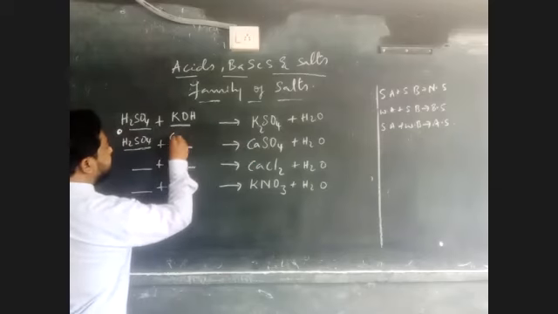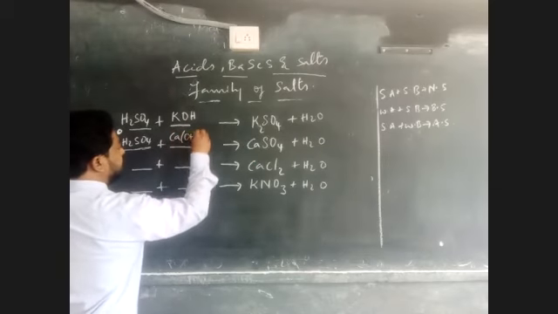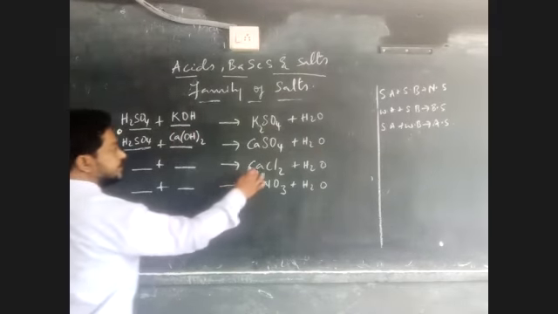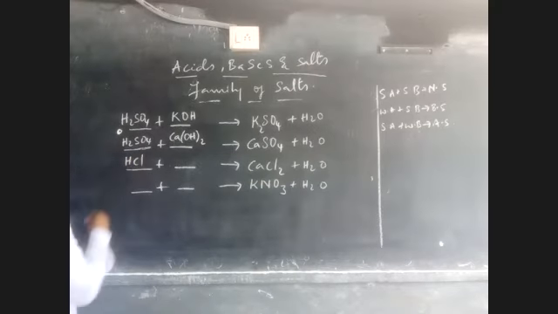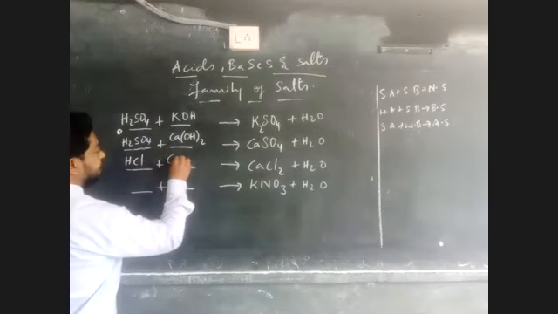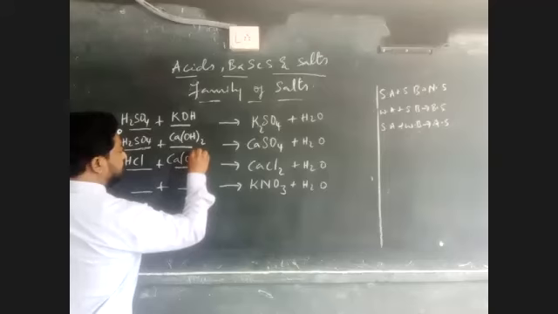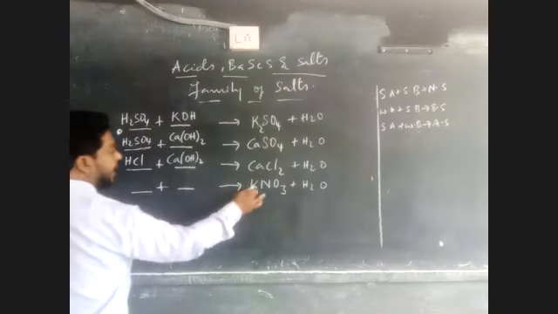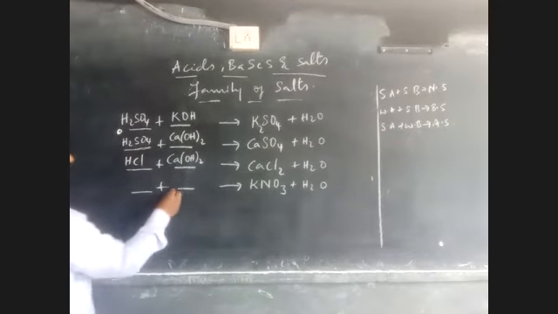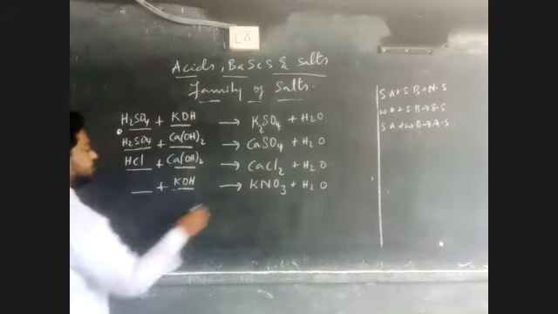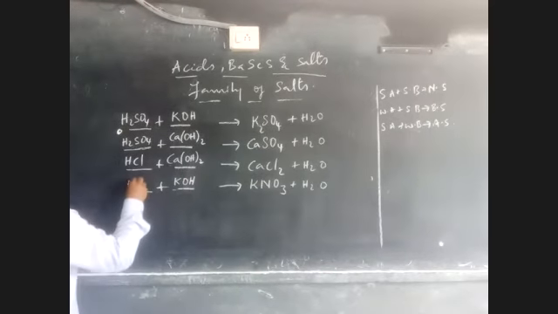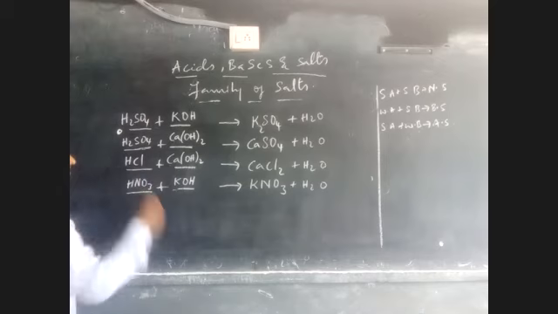Now CaSO4 and Ca(OH)2. CaCl2. Now chlorine is present in HCl, hydrochloric acid, and again Ca(OH)2. Now KNO3: K, potassium, means potassium hydroxide, KOH. NO3 is present in nitric acid, that is HNO3.